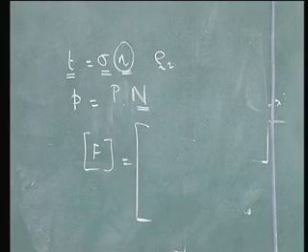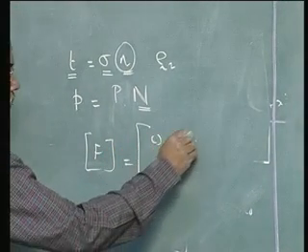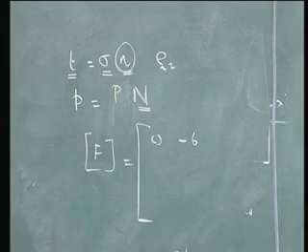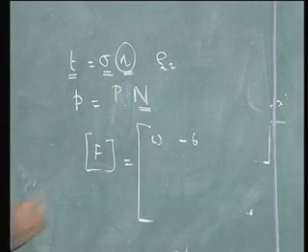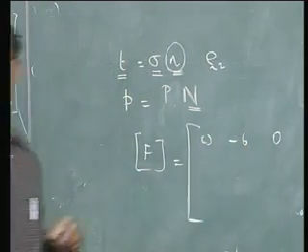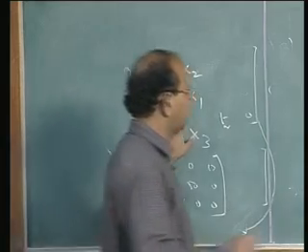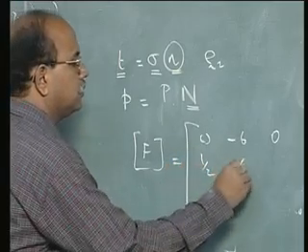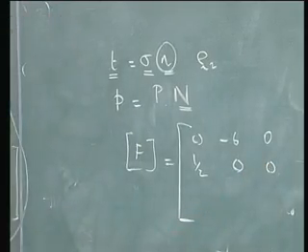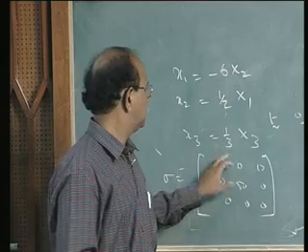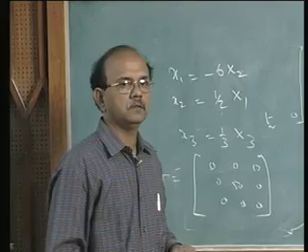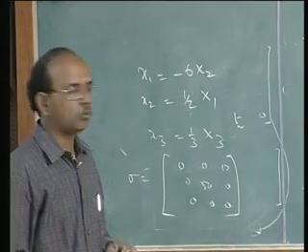Dou x1 by dou capital X1 is 0, minus 6, 0, half, 0, 0, 0, 0, 1 by 3.